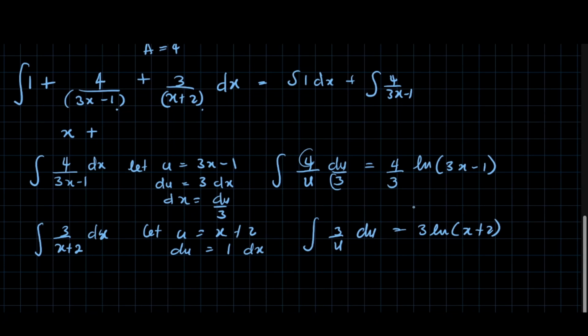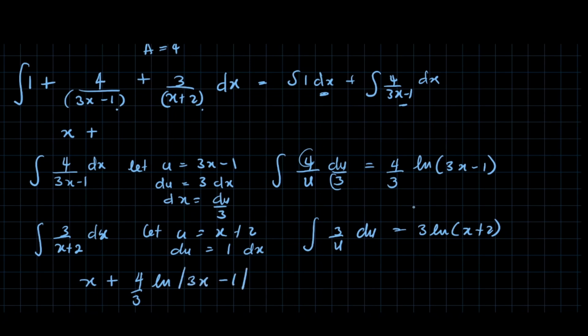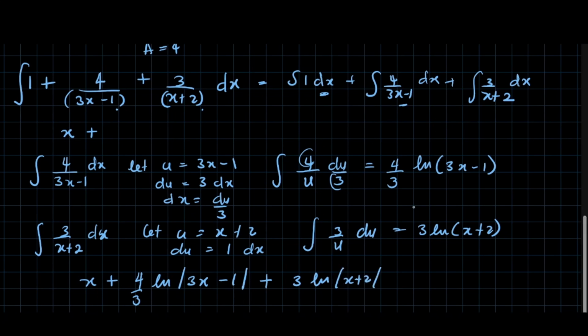So our final answer will be the integral of this, which is x, plus the integral of this, which we found to be 4 over 3 ln of the absolute value of 3x minus 1. Sorry, ln is supposed to be written with an absolute value symbol because you can't take the ln of a negative number. Plus the last one was the integral of 3 over x plus 2 dx, which we got as plus 3 ln of the absolute value of x plus 2. Yes, so this is the final answer.